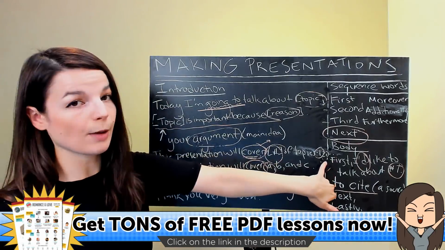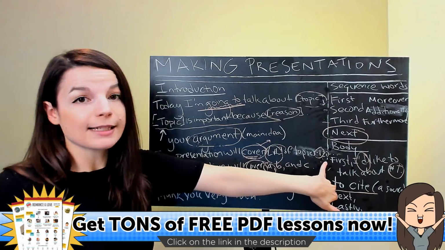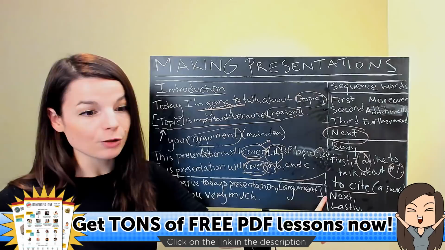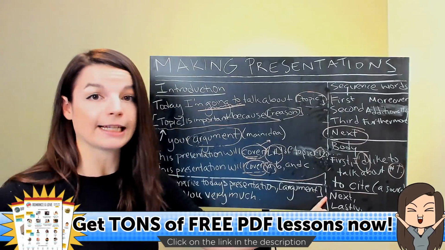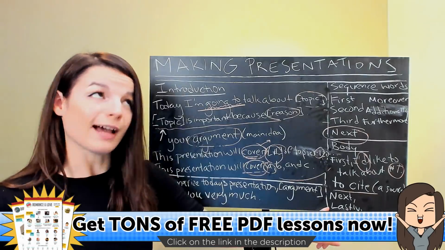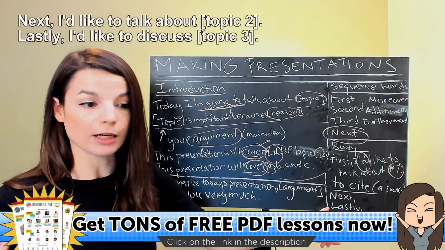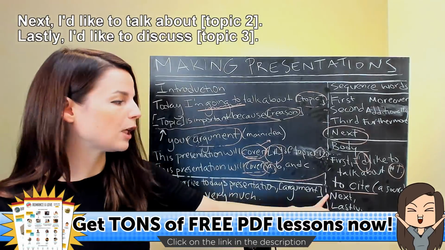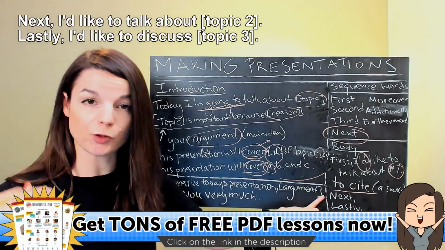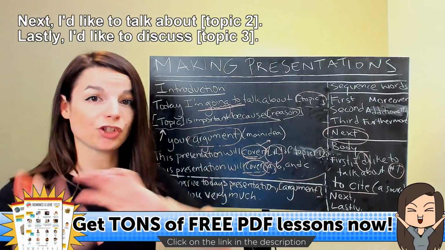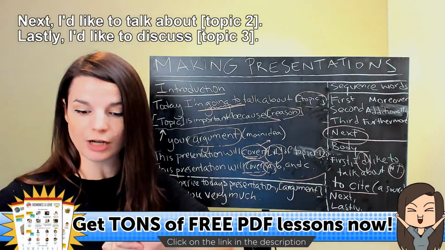When you introduce topic number 1, if you say, first I'd like to talk about, blah, blah, blah, you can move on to topic 2 and topic 3 with next I'd like to talk about topic 2. Or lastly, or last, I'd like to talk about topic 3. So these are a couple words you can use to transition between your topics. Next, I'd like to talk about. So transition means change, to change topics.